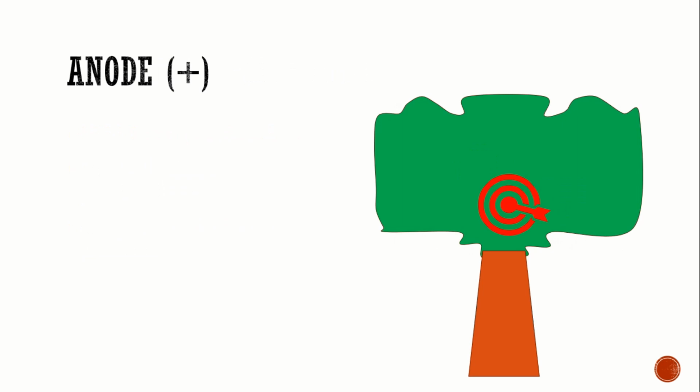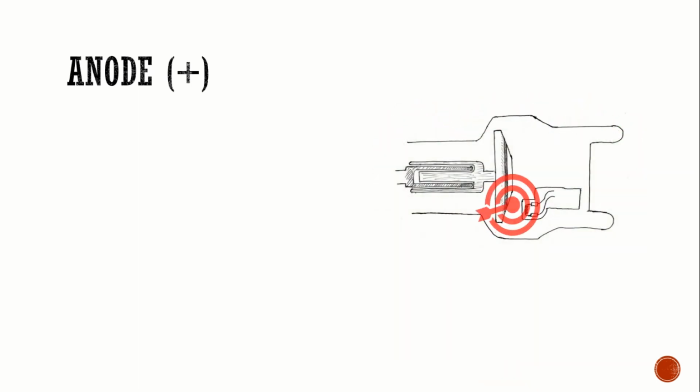Let's talk about the anode. The anode is the positive side of the X-ray tube. Inside, you can see this is your anode, while this area is your cathode side.